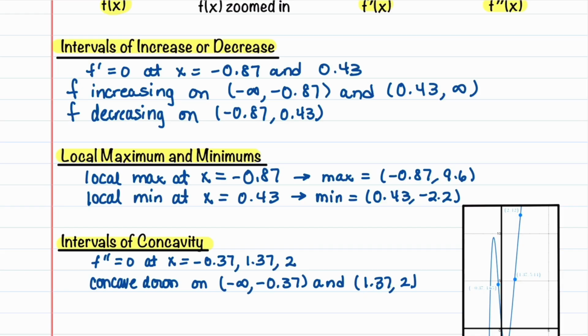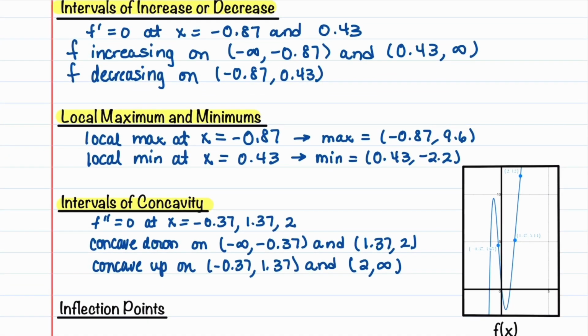So we can say that it's going to be concave up on the region from minus 0.37 to 1.37, and in the region to the right of 2, and that is 2 to infinity.